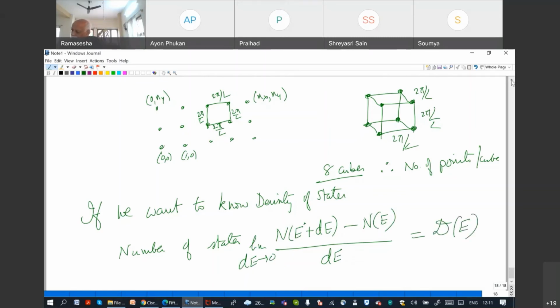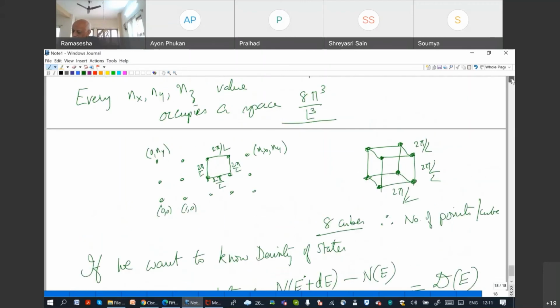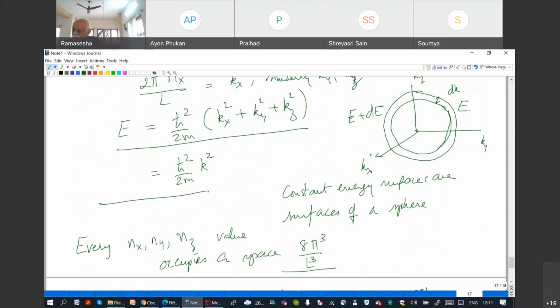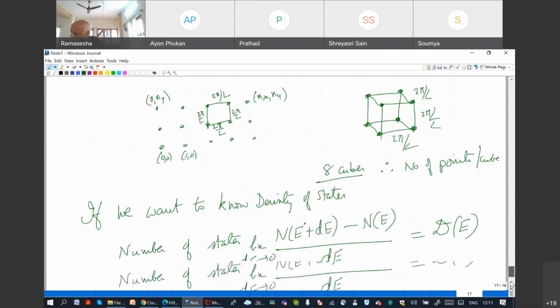If you want to calculate the density of states, you have to look at the level surfaces corresponding to constant energy E and E plus delta E. When you take these two level surfaces, you want to know how many states are there between them. To know that, you must know the volume in the shell.